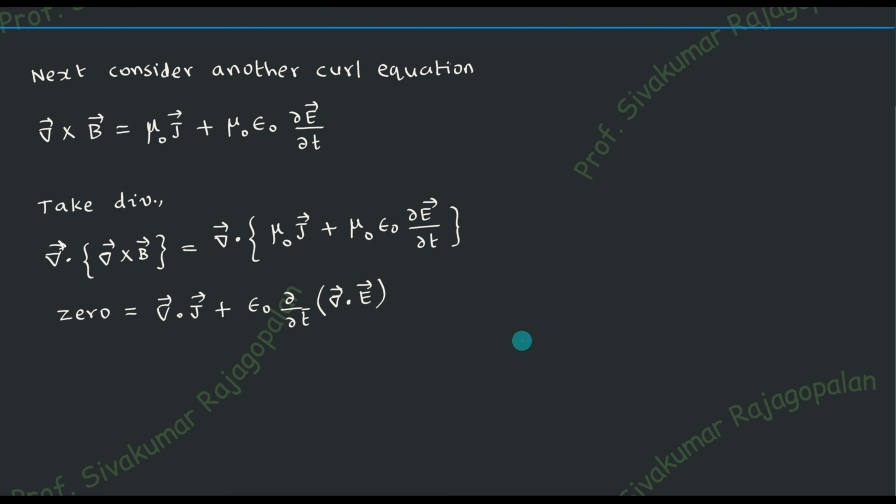And because divergence of J is coming here, current density, we will use the continuity equation. Otherwise you don't know what the divergence of J is. Divergence of J means always bring the continuity equation. So from that you can tell that it is negative of dou rho by dou t.